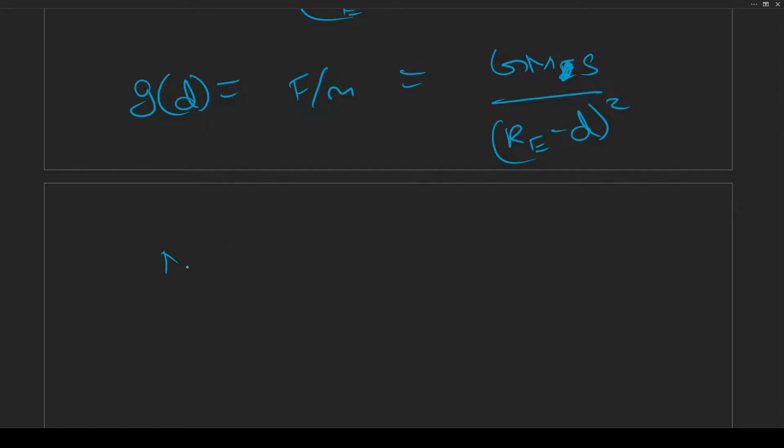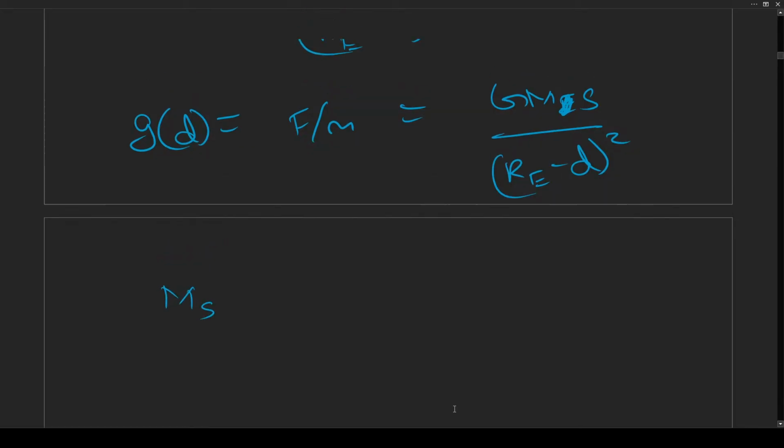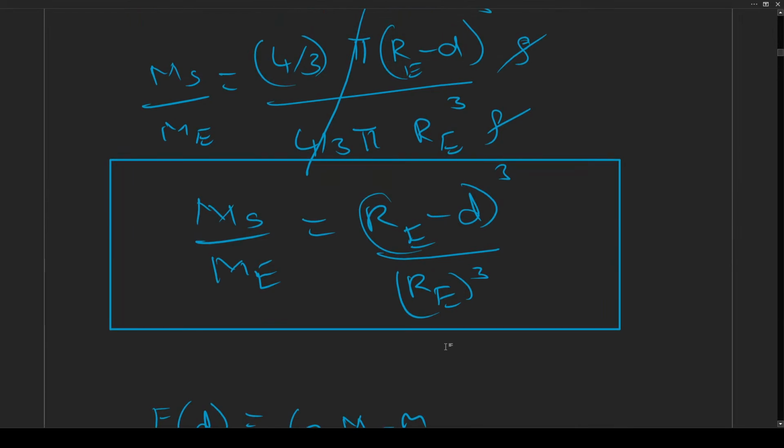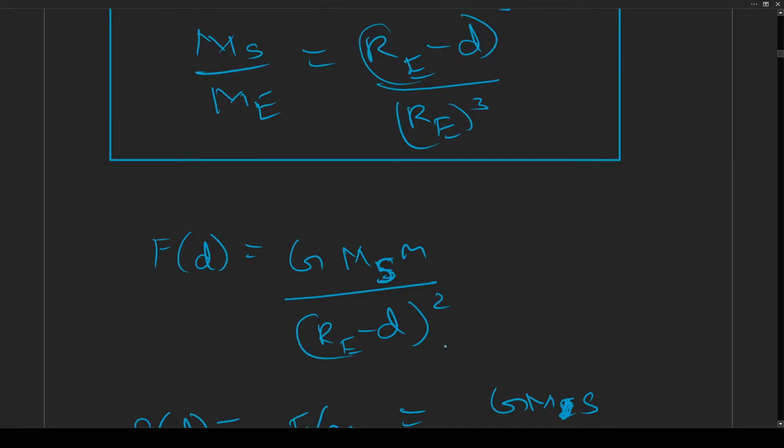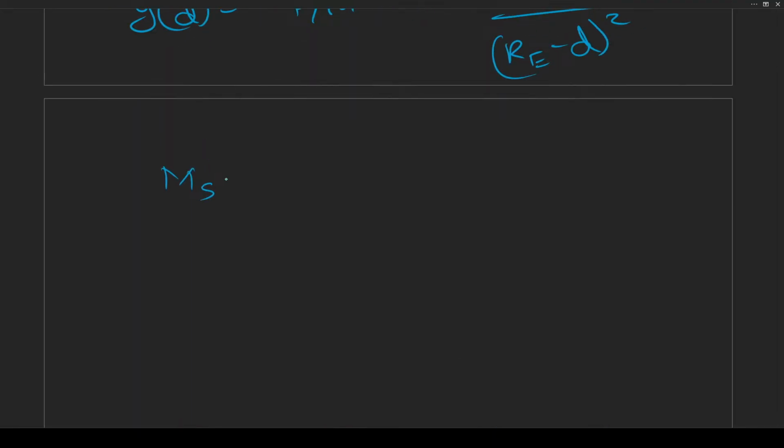And ms we do not know, but we know the relation: ms by Me is equal to (Re minus d) whole cube by Re whole cube. So we get ms equal to the mass of earth times (Re minus d) whole cube by Re whole cube.